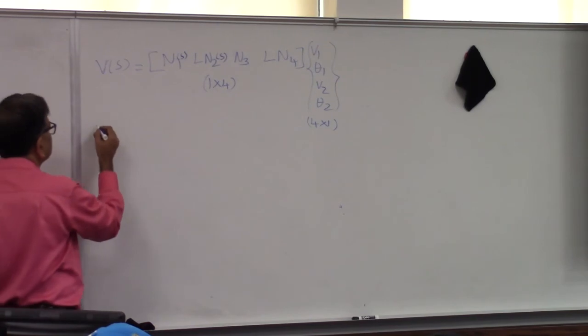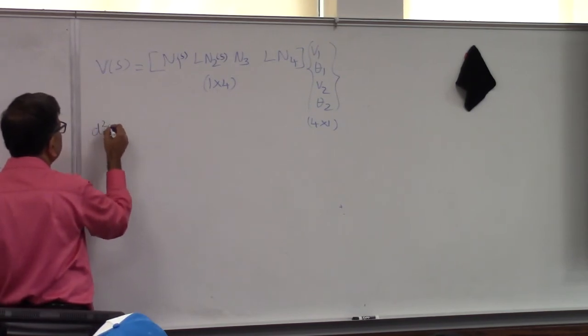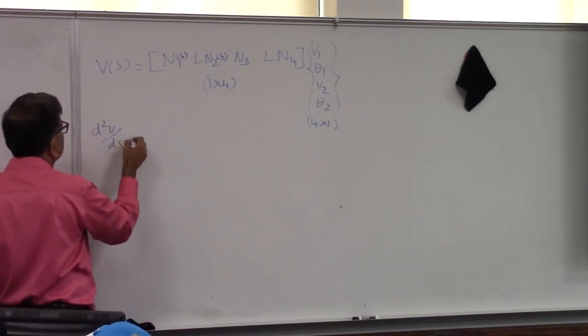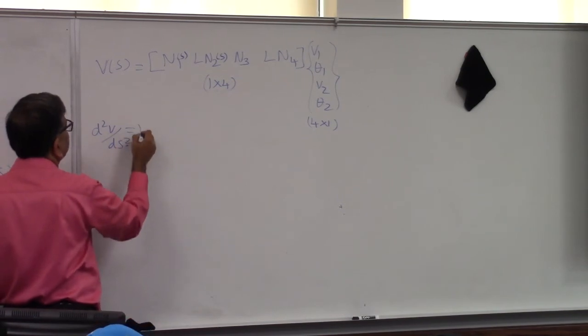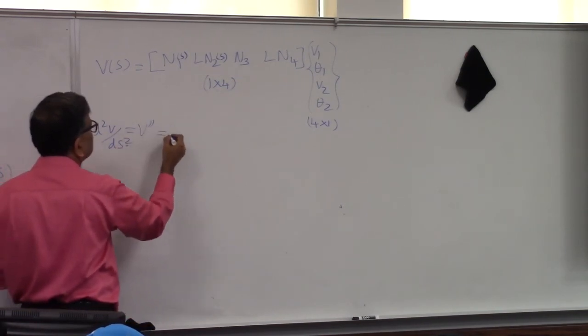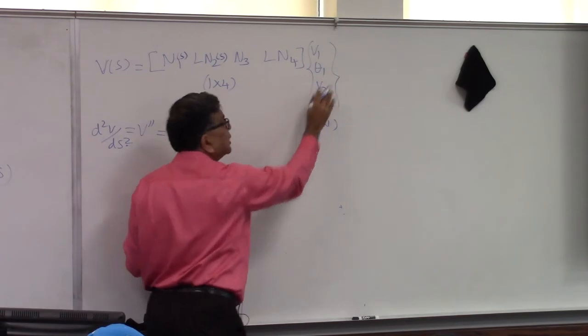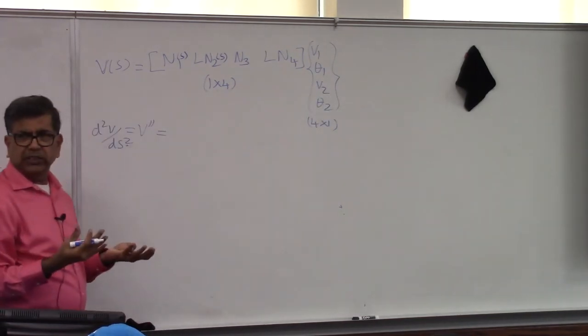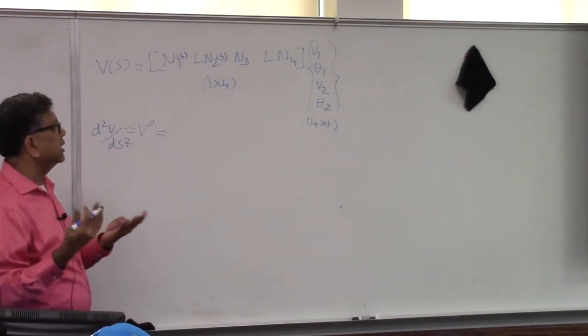So if you find the second derivative, d square v ds square, I can write it as v double primed for convenience. I don't have to differentiate the degrees of freedom. They are constants. We don't know what they are now, but they are constants.